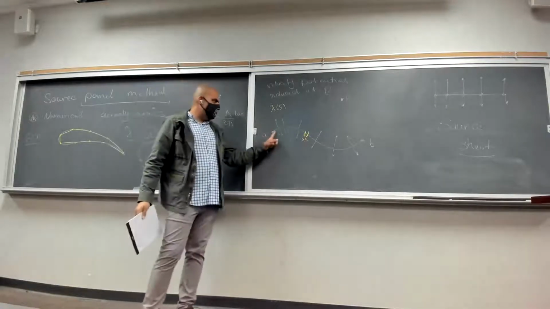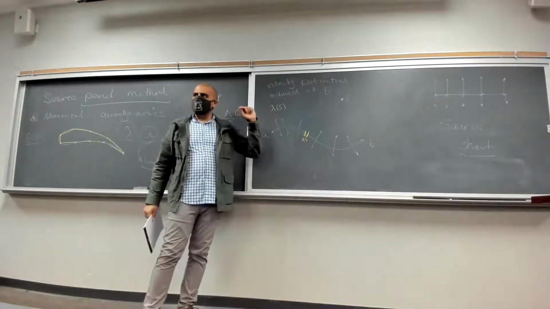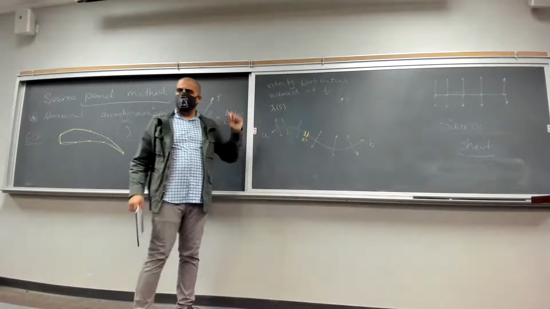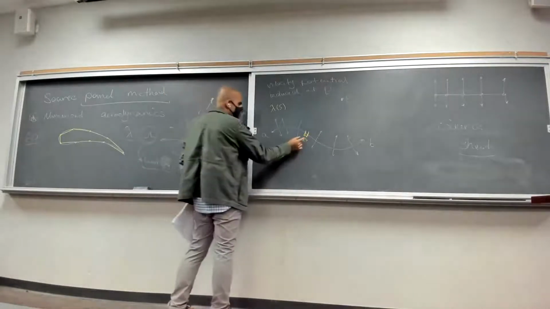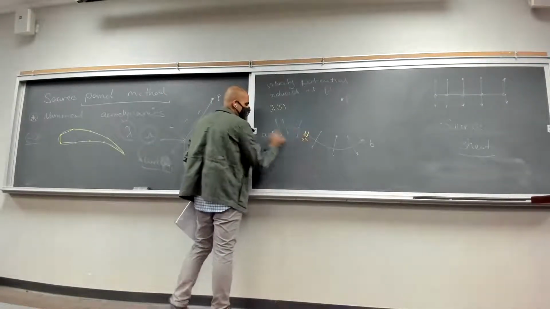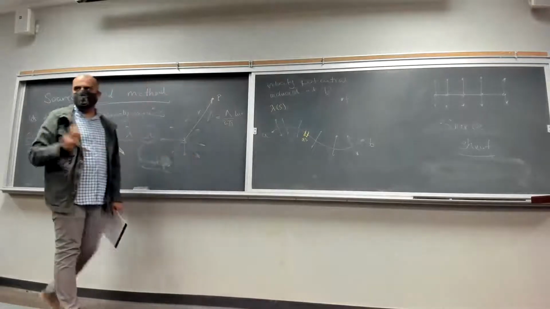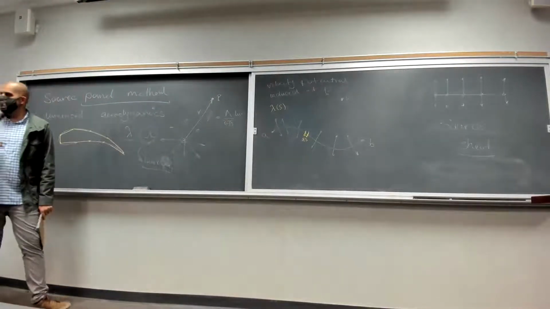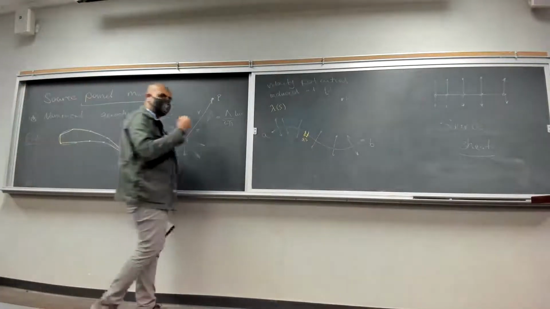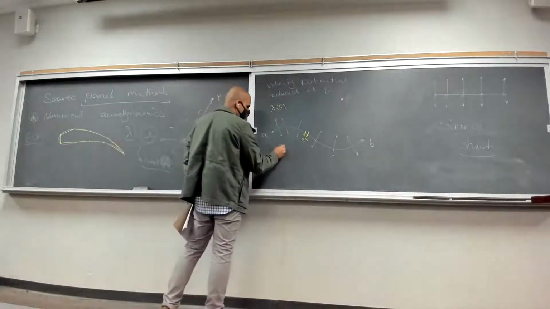So small lambda is going to change with respect to s. So what is the source strength of this small element ds? It's lambda multiplied by ds.